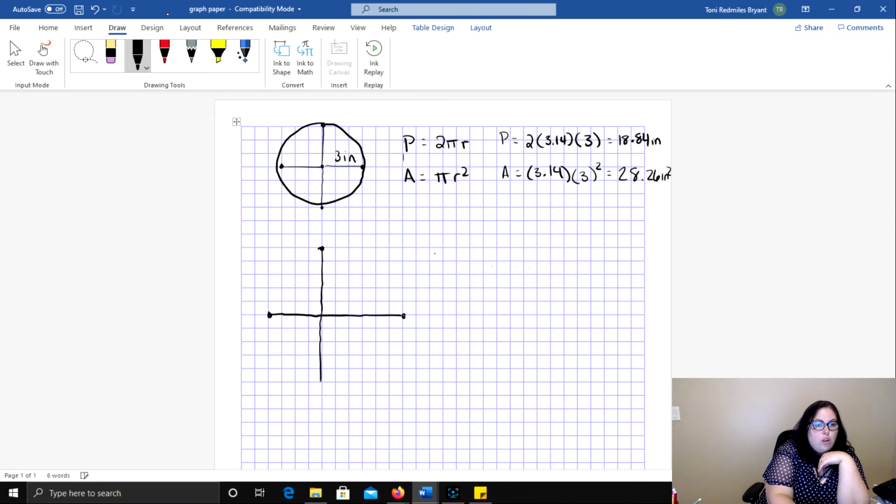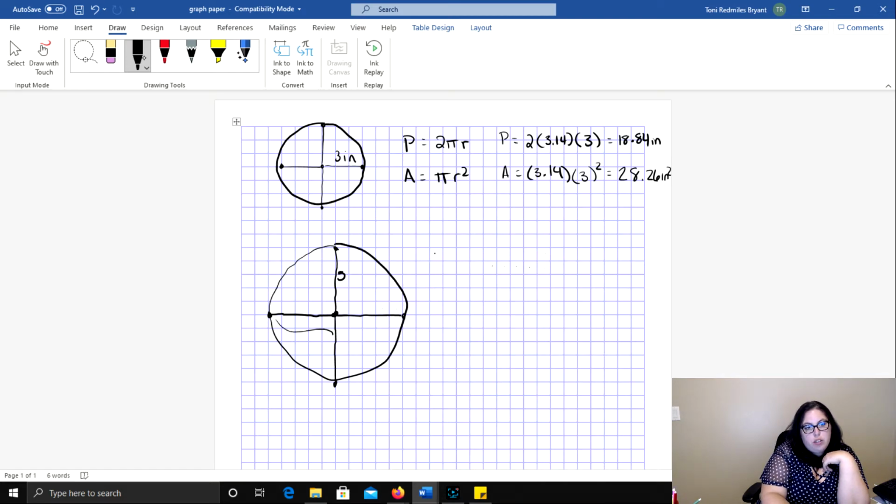Oh, I have it over too much. I want to be at 5. 1, 2, 3, 4, 5. There's my center. Then 1 through 10. So I'm figuring out what those radiuses are. I've figured out that my radius is 5, which is half of my diameter. There's my circle. My diameter is 10 centimeters, and I have to find the perimeter and the area.